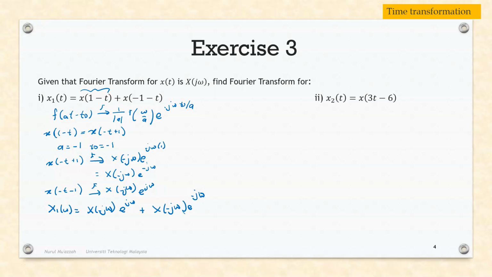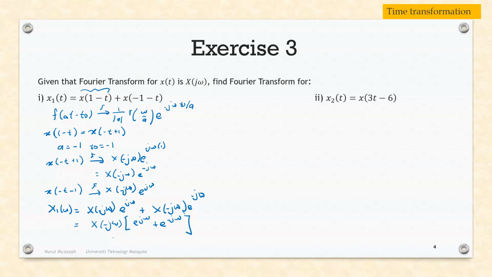We can further rearrange this. We take out X(-jω) so that we can put in the bracket exponent jω plus exponent negative jω.